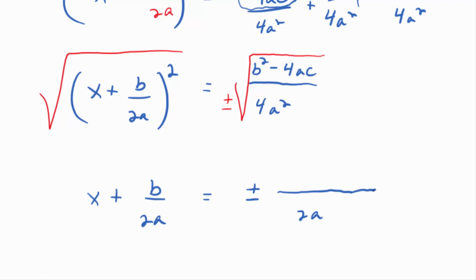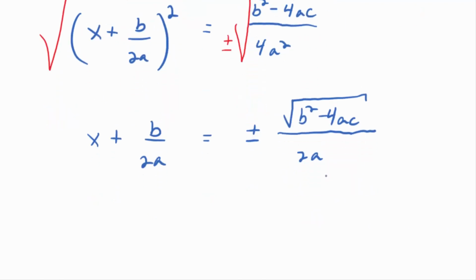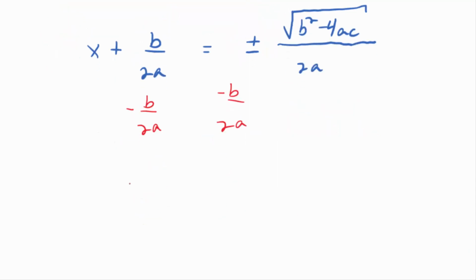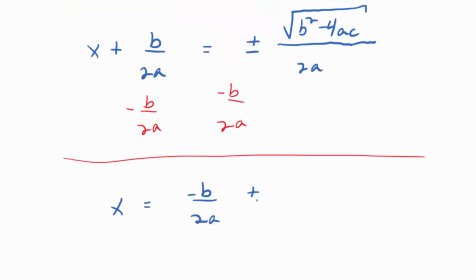You just have to leave it as the square root of b squared minus 4ac. Finally, to solve for x, we're going to subtract the b over 2a from both sides. And you get x is equal to negative b over 2a plus or minus the square root of b squared minus 4ac over 2a.